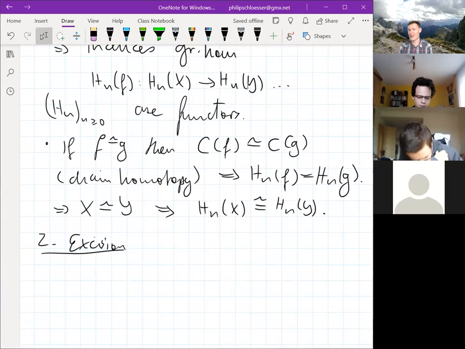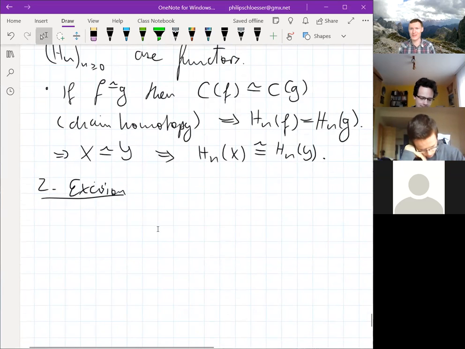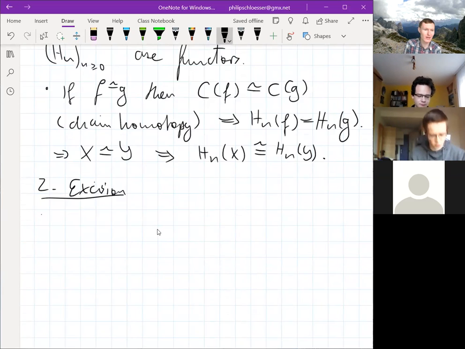And then excision says, if we have a subset of that, we can cut it out of both spaces and relative homology stays the same, which in itself seems to be obvious, but I'm not writing it down because it's not particularly helpful if you are introduced to it as a first thing.